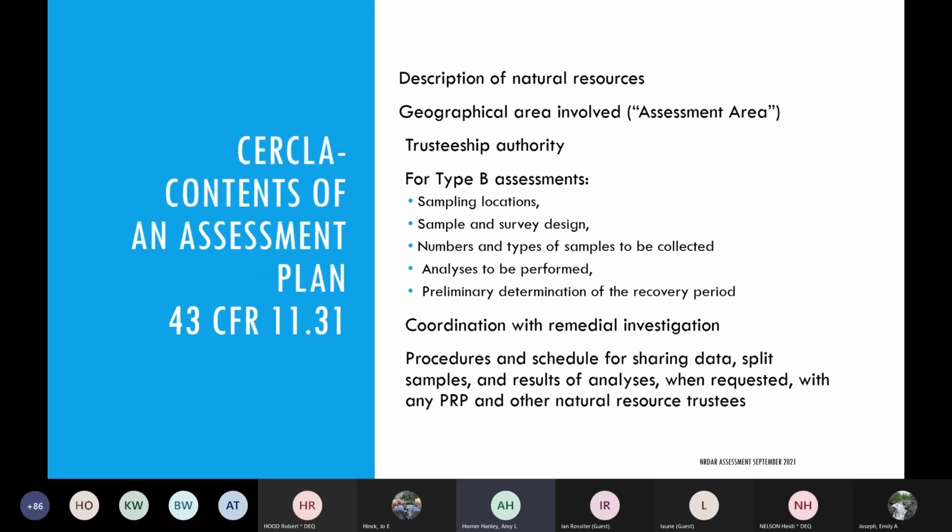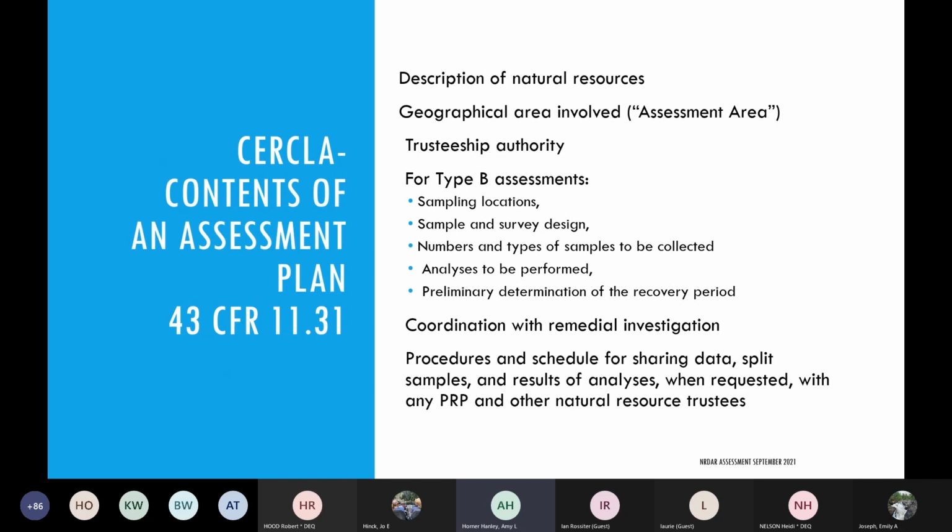The CERCLA NRDA regulations are quite detailed in a lot of different ways. It goes into some detail about what should be in an assessment plan: the description of the natural resources, the geographical area that's involved, which we often call the assessment area, and the trusteeship authority.